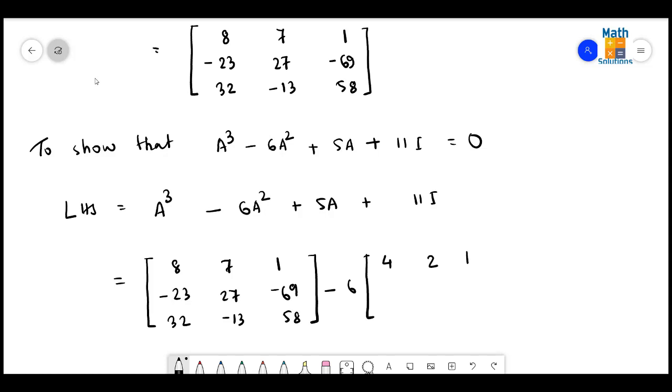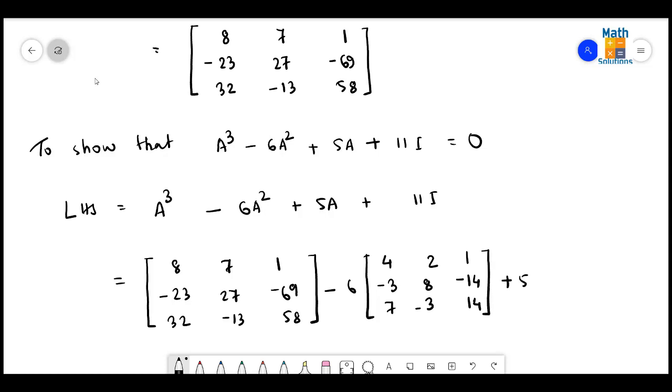421, 10 minus 3, 8 minus 14, 8 minus 14, and then 7 minus 3, then 14.